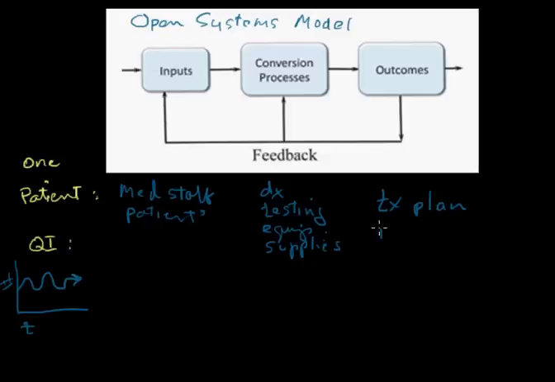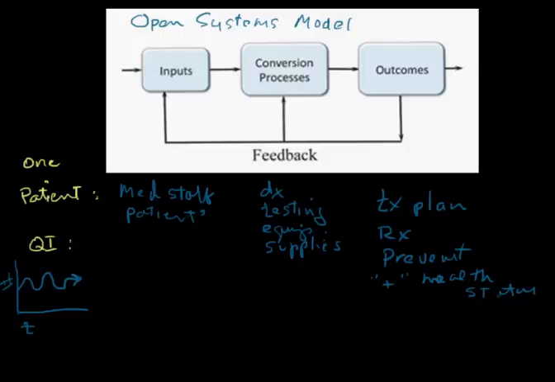Might require prescription, medication. It may require some activities that help try to prevent the problem from reoccurring, and also hopefully at the end we end up with a better level of health status.